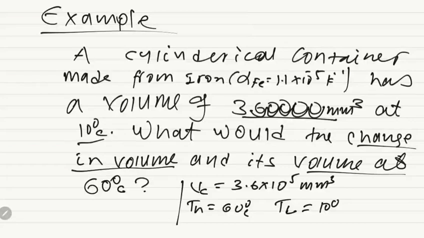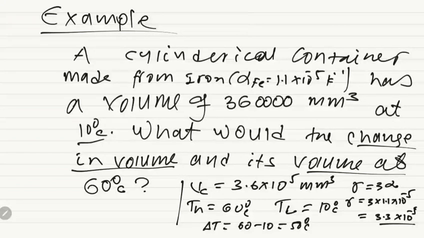So the change in temperature is 60 minus 10, which is 50 degrees Celsius. We need the volume coefficient. Now we require two things: the change in volume, and the volume at the hotter temperature.